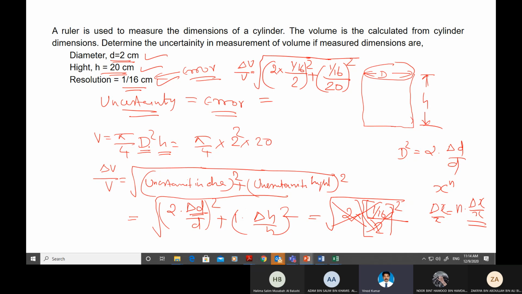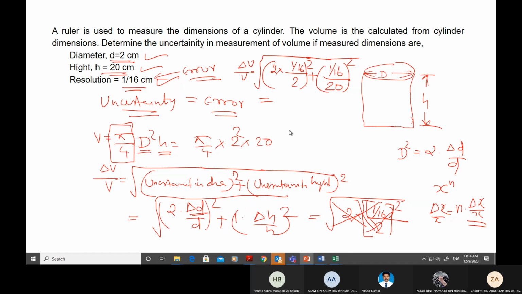That's why I have used d square, 2 times delta d over d. You don't need to use pi by 4 because it is a constant. So error comes with the diameter and height. That's why 2 times delta d over d the whole square plus h raised to 1, so 1 times delta h over h the whole square. This is how we calculate the uncertainty.